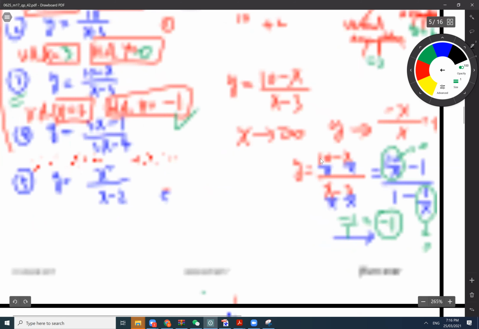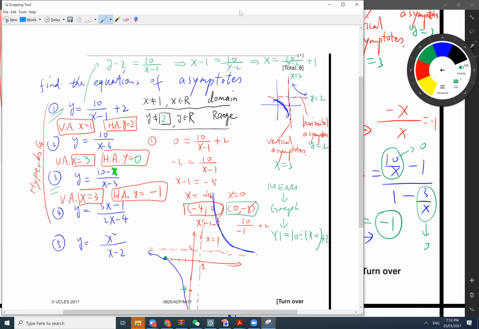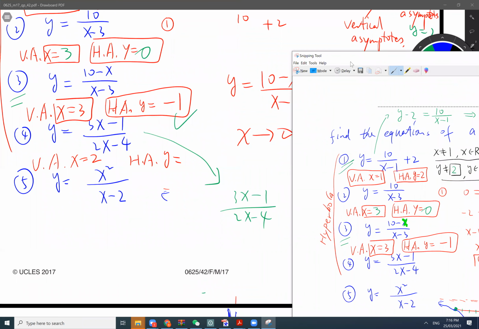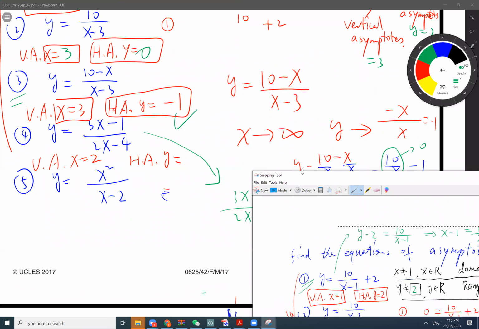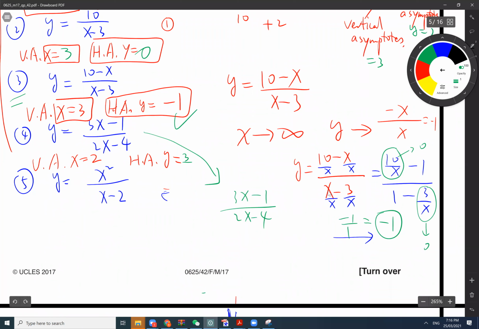We have several ways for this question. It's 3x minus 1 over 2x minus 4. If you just cover the number part, you just cover the number, we got this 3 over 2. That's the first way. We can say 3 over 2.